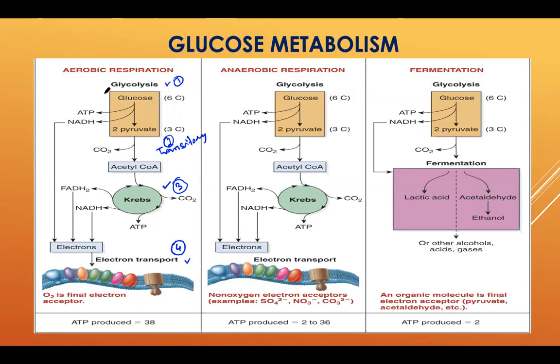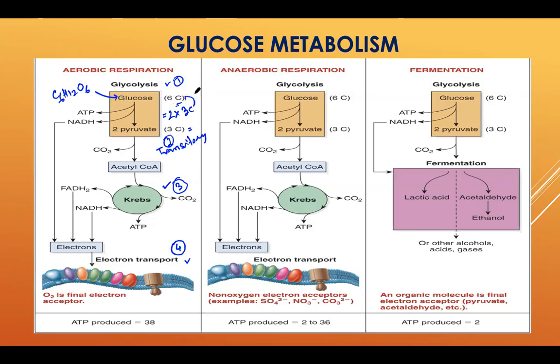Now the first step is glycolysis. During glycolysis, that 6-carbon glucose, C6H12O6, breaks down into 2 molecules of pyruvate. Now that pyruvate or pyruvic acid is a 3-carbon compound. So from 1 molecule of glucose, we get 2 molecules of pyruvate. So the number of carbons is balanced now: 6 equals 2 times 3 carbon.